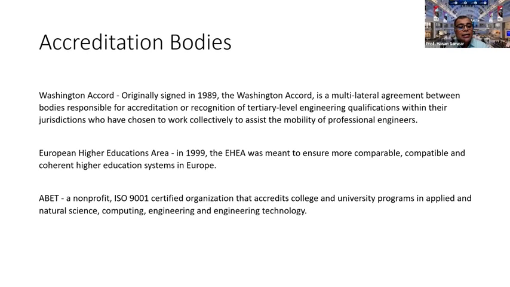Many countries have now become signatory members of the Washington Accord. That means all those countries are ensuring that the engineering programs receiving accreditation from those bodies follow the guidelines of the Washington Accord.